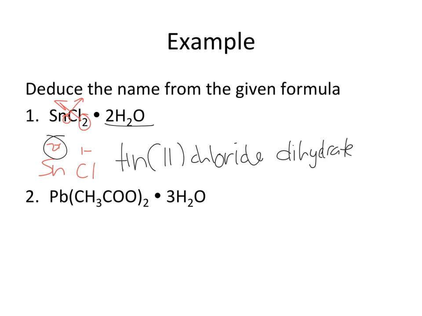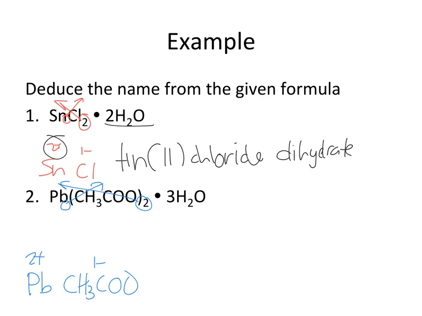That's it. So for the next one, we have Pb and we have acetate with 3 waters. So again, Pb I know is a multivalent metal, so I'm going to take this 2 and put it up here. I need to find that charge, put it on top of the acetate. So Pb and CH3COO. Here I'll have 2 plus because it's a metal, and it'll lose, and 1 minus.